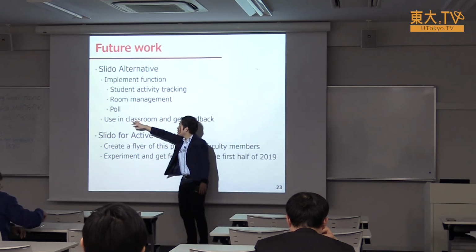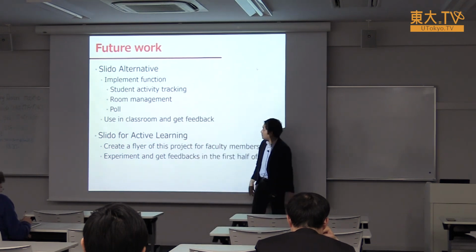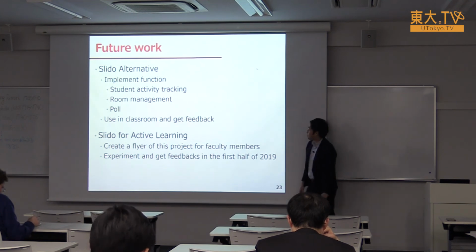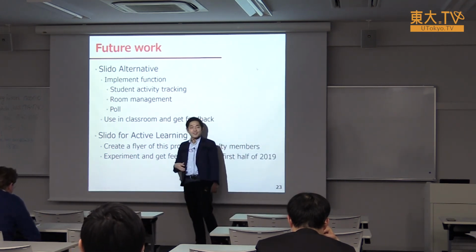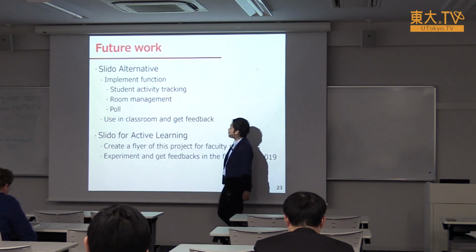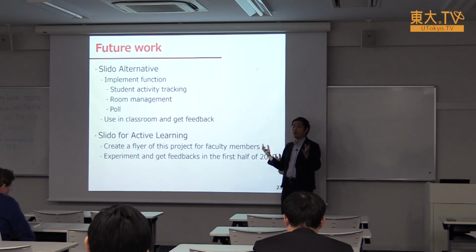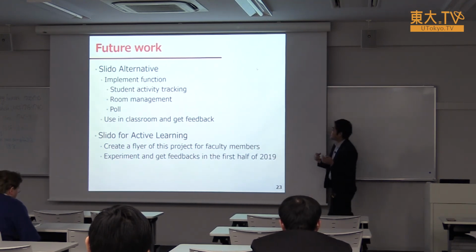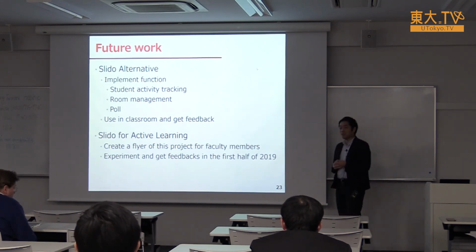Also, we do not have the poll function that you use here, so we would like to implement it. And I hope that in the next semester, we can use the Slido alternative in the classroom and get feedback. So those are our activities. Thank you for listening.